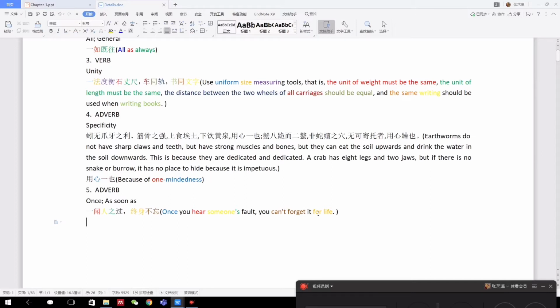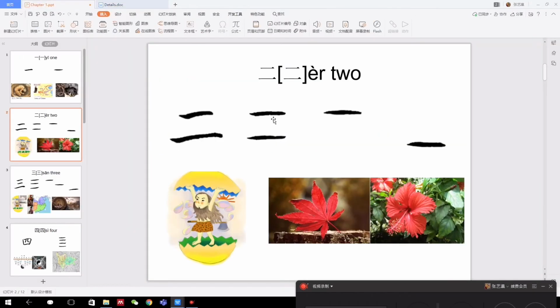The second character is 二, 2. Its original meaning comes from the Taiji text, an ancient legend about Yin and Yang.